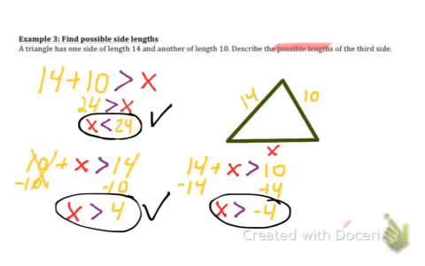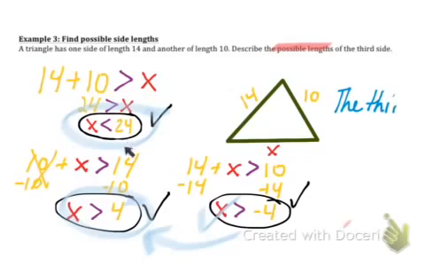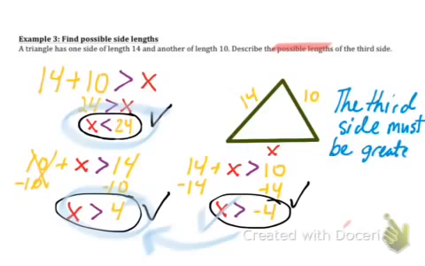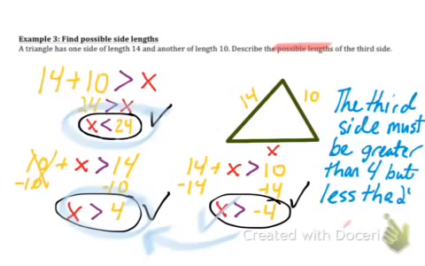So we don't even have to consider x greater than negative 4. Our range falls between 4 and 24. So the third side must be greater than 4, but less than 24. Those are the possible values.